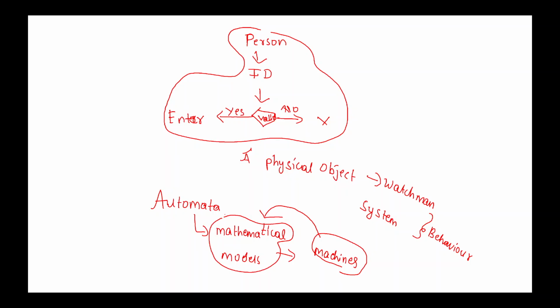So this is what an automata is. In the next class, we are going to learn about these mathematical models, and say whether the problems we deal with in the next lecture are solvable or not. And that is what TOC is for you.